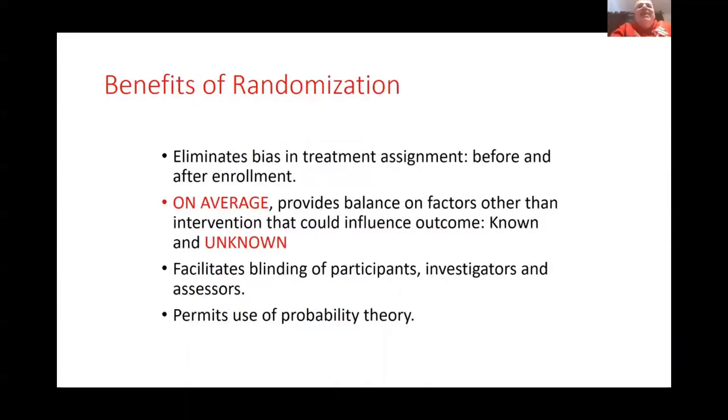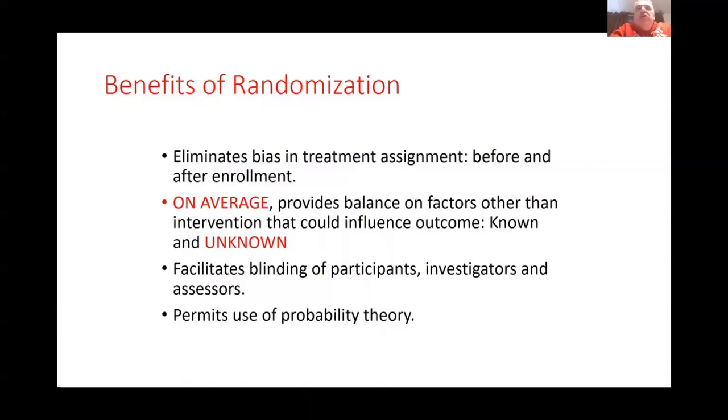What are the benefits of randomization? It eliminates bias in treatment assignments before and after enrollment. On average, randomization provides balance on factors other than the intervention. I mean here demographic variables that could influence the outcome, some known and some unknown. Randomization also facilitates blinding of participants, investigators, and assessors.